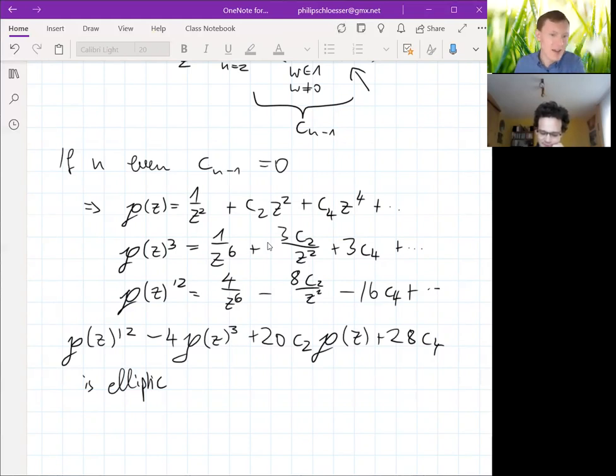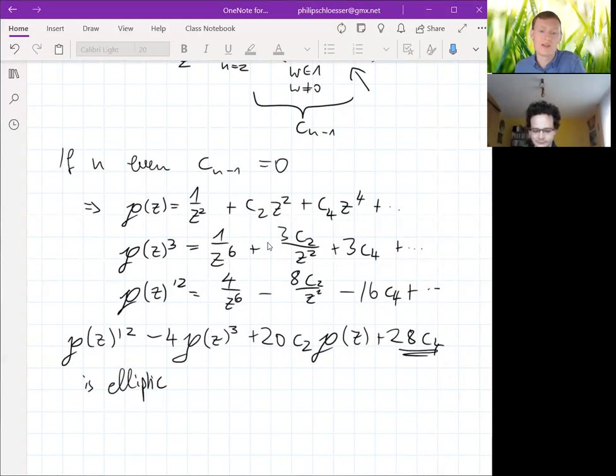Okay, nice. Secondly, note that, so we take the derivative squared. So we have a term of 4 over Z to the 6th and then we subtract 4 times 1 over Z to the 6th, so those terms cancel. Then the fact that we also included this thing here means that the Z squared terms also cancel.